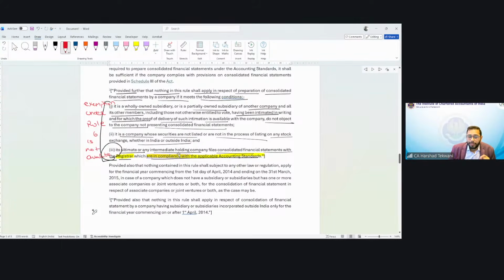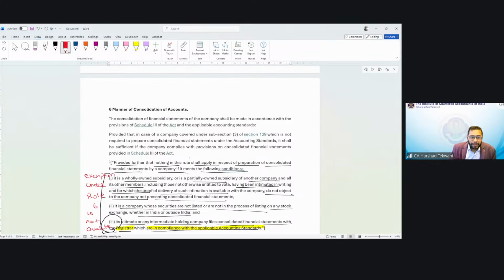However, there is one more scenario, one more thing that is required to be considered. That is this particular exemption. If you see what it says, provided that in case of a company covered under subsection 3 of Section 129, which is not required to prepare the financial statement under the accounting standards, it shall be sufficient if the company complies with the provisions on consolidated financial statement provided in Schedule 3.